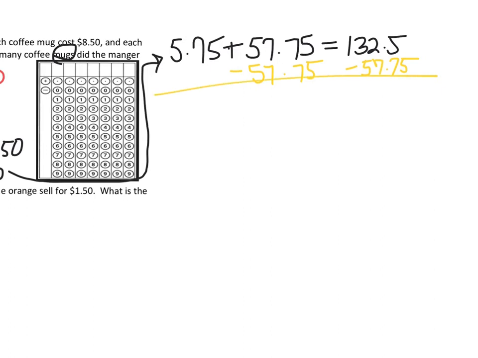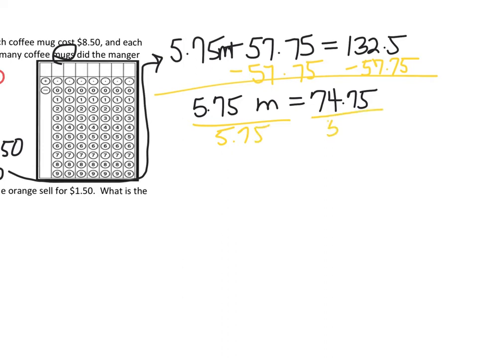And we're left with 5.75 M equals 74.75. And then now we'll divide both sides by our 5.75, and we're going to have the number of mugs that they bought. And we get M equals 13.